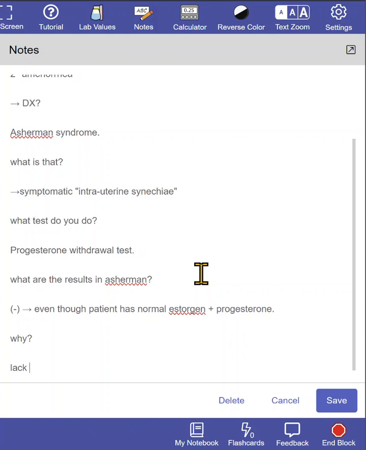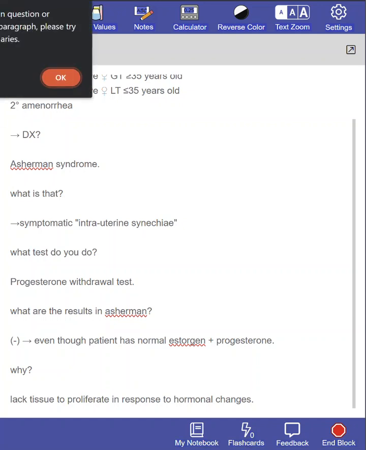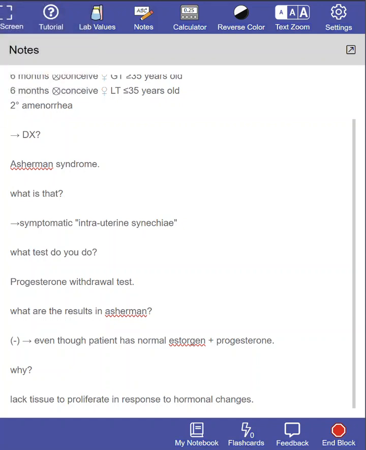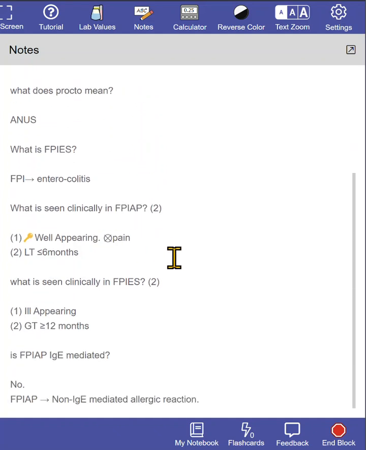Because of the scar tissue, you lack tissue to proliferate in response to hormone changes. That makes sense. So basically, because of the scar tissue and the synechia, you're not going to have responses to progesterone and estrogen in your uterus.